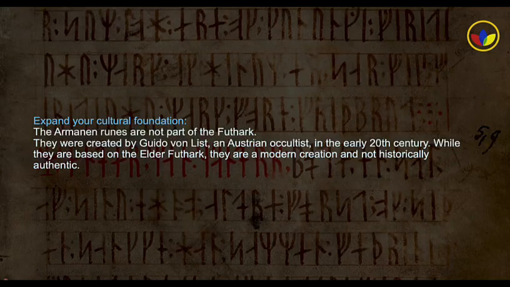And Guido von List is an Austrian occultist. Guido created that alphabet of Armanen runes in the early 20th century. And even though they are based in the Elder Futhark, which is the alphabet of 24 runes, they are just a modern creation and they are not historically authentic.